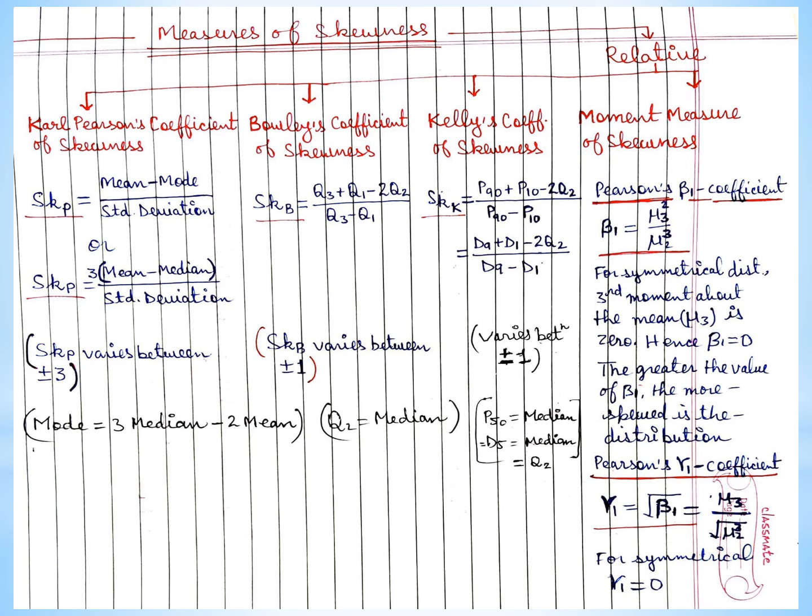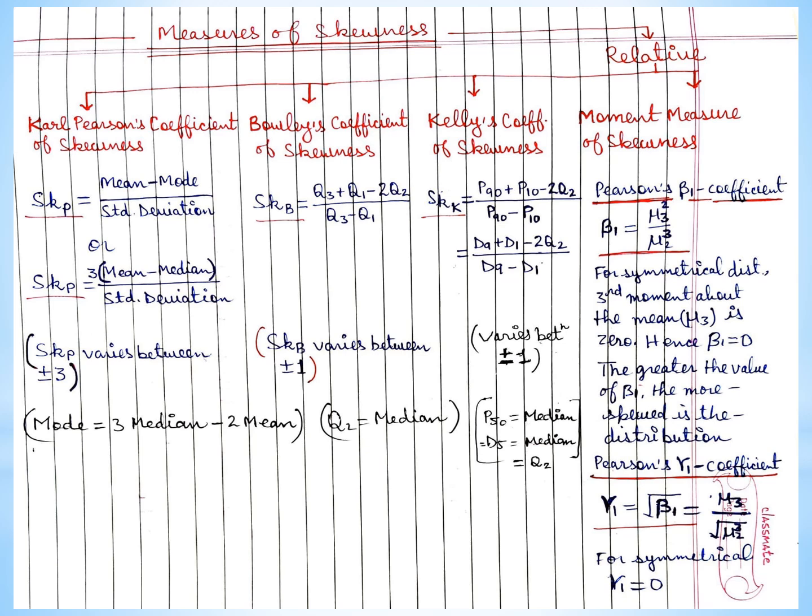Karl Pearson's coefficient of skewness varies between plus 3 and minus 3. So we can say that Karl Pearson's coefficient of skewness is based upon the mean, mode and standard deviation.